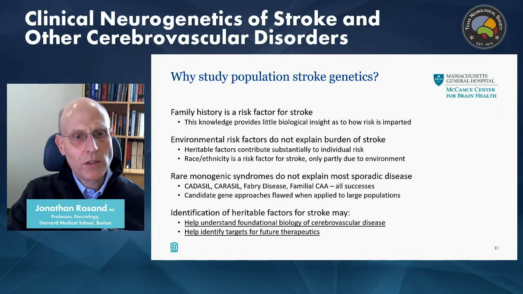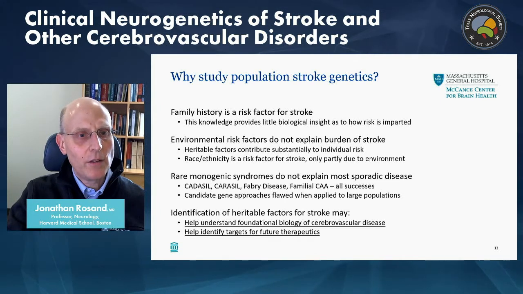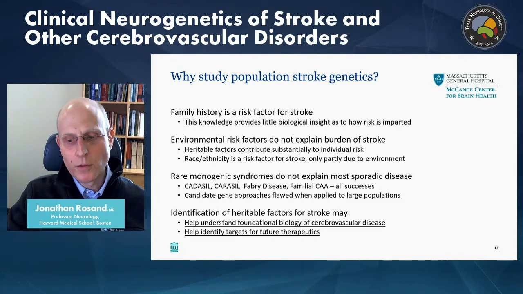Rare monogenic syndromes obviously don't explain most of sporadic disease. And so the motivation is to identify these inherited factors that will help us understand biology, and then importantly, identify new targets for drug treatments.